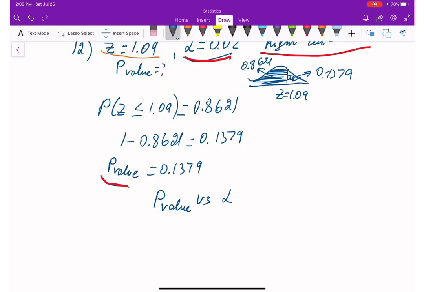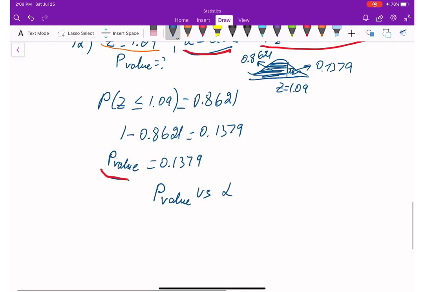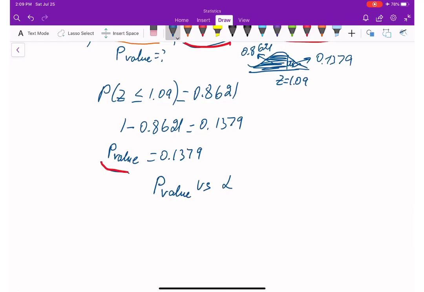And what we can say, if the p-value is less than or equal to the level of significance, so if p-value is less than or equal to alpha, then reject the null hypothesis.